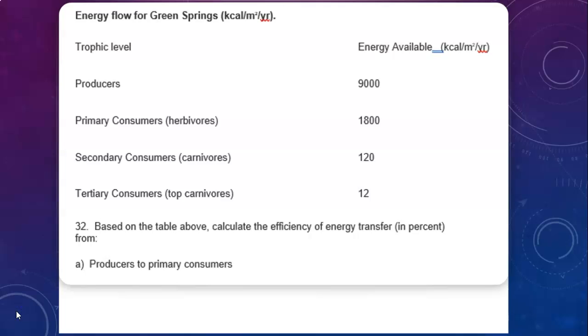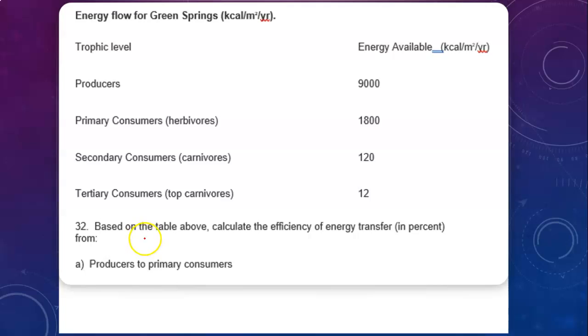In this calculation, we're just looking at the transfer of energy. And so we've always said that the average transfer of energy between trophic levels is about 10%, but that's not always absolutely true. And so they're looking at a specific ecosystem and the transfers, and they're trying to calculate the percent transfer to the next trophic level. Okay, so we have producers to primary consumers.